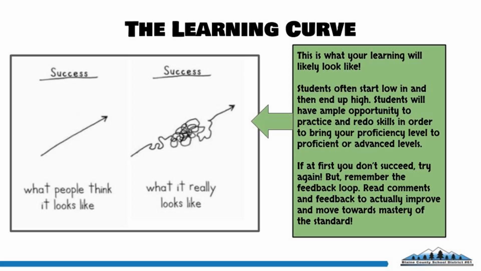It is a very messy process because learning anything is a messy process and there's not a constant linear trajectory. We will have setbacks. Life happens. Often students will start low in a subject area, and then through that feedback loop, they will improve so that by the end of a grading term, they are mastering the standards.